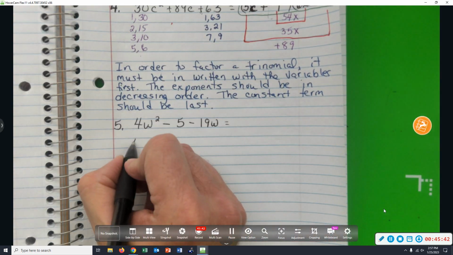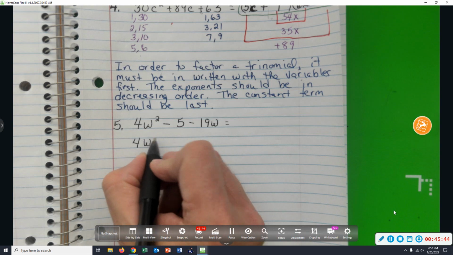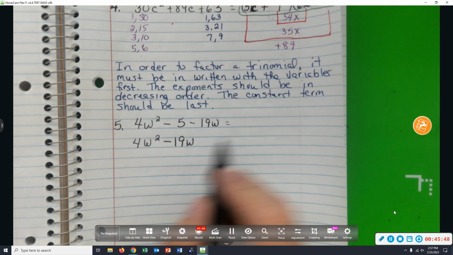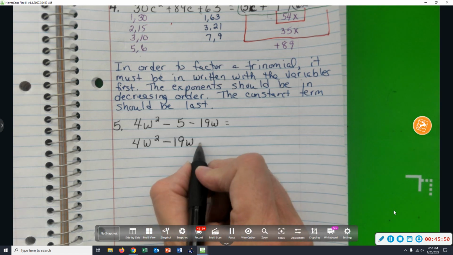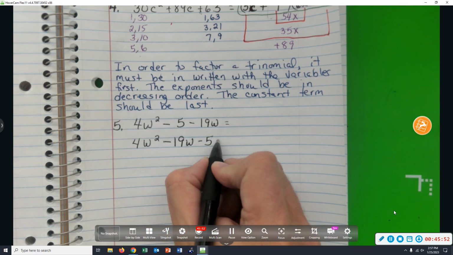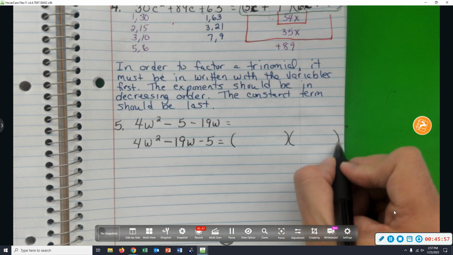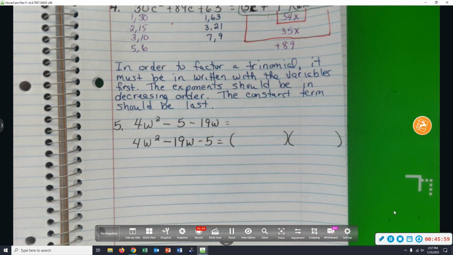I'm going to rewrite it just by writing the minus 19w and then the minus 5. You see how I've rewritten it? So it looks in that standard form. w squared, w, no w at all.